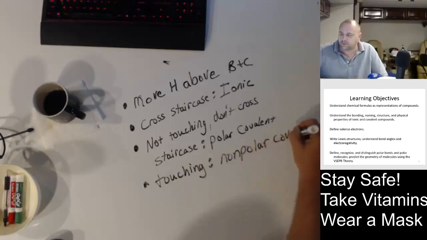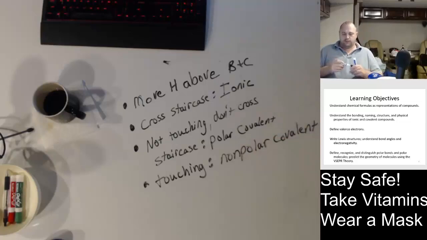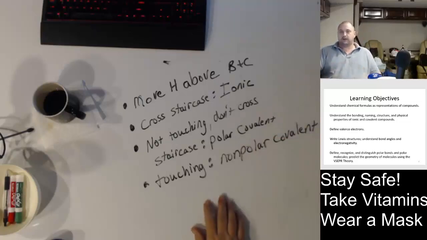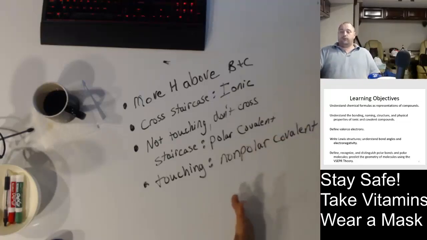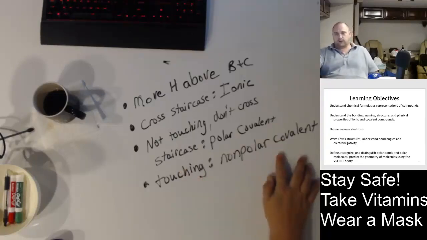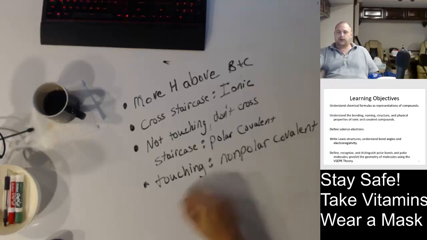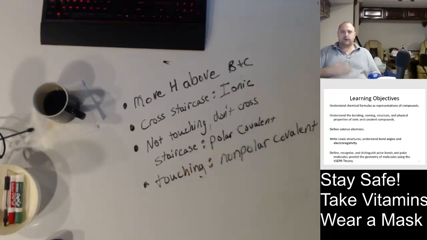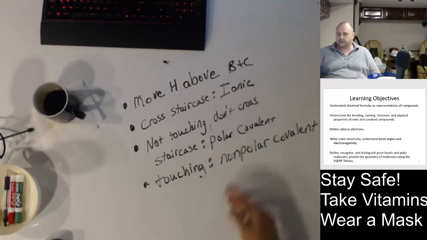You have to be careful, in many of these questions they ask, is the bond polar or nonpolar? If they're touching, then no, they're not polar. They're nonpolar. If they're not touching, then yes, they're polar. You have to be careful. That language shows up in lab a couple of times.